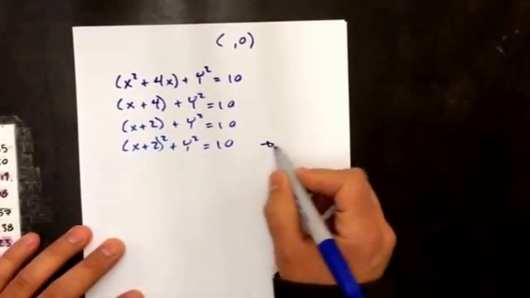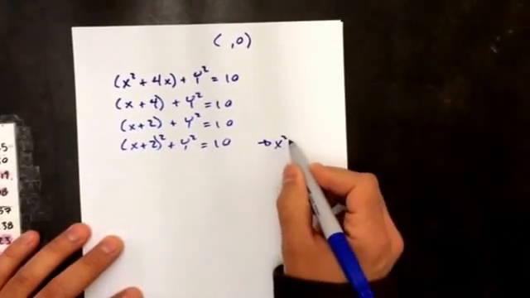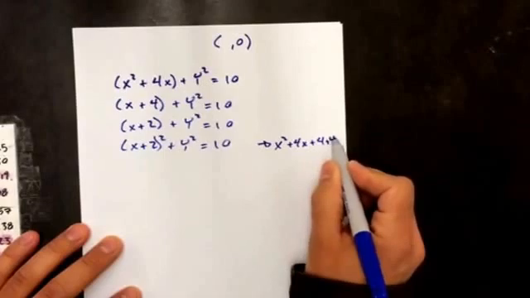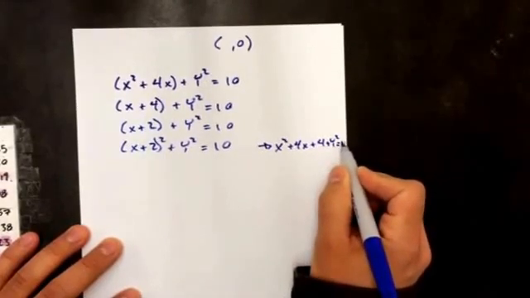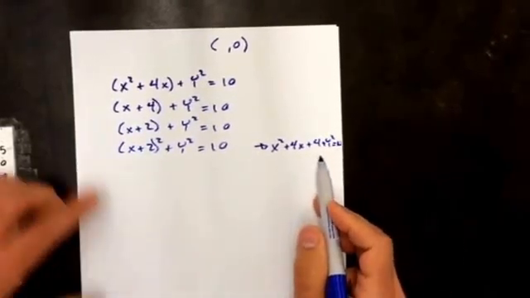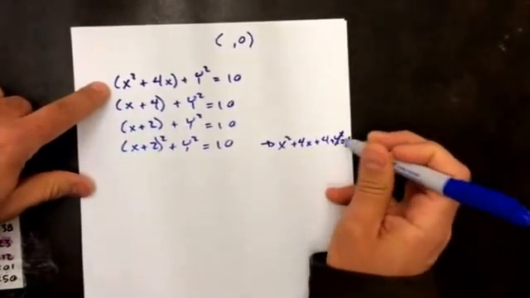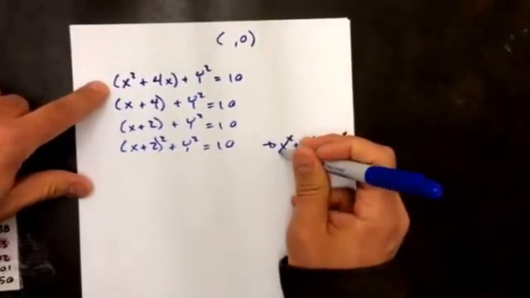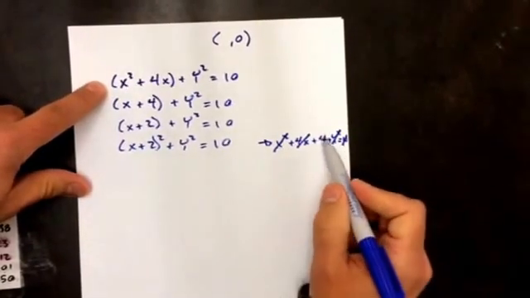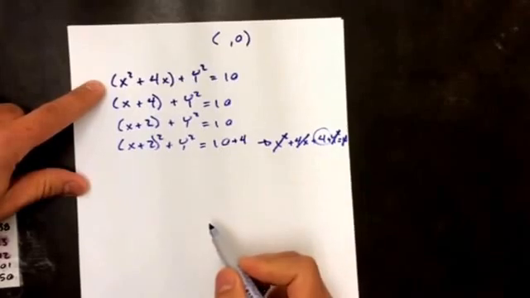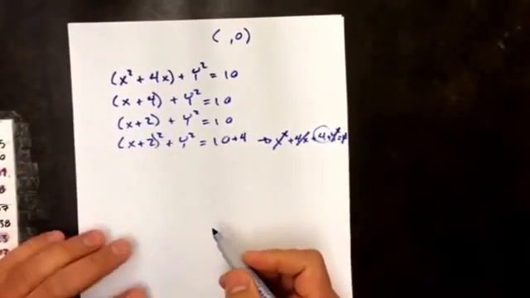If I expand this, it's x squared plus 4x plus 4 plus y squared equals 10. Comparing the two equations, they both have these terms, but I've added 4 to the left-hand side, so I have to add 4 to the other side, which is just this number squared.